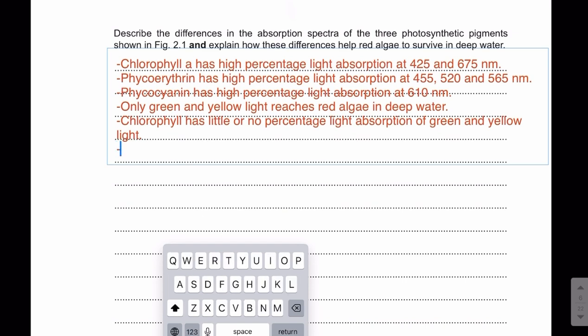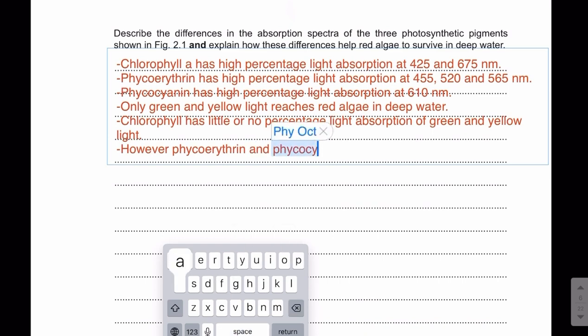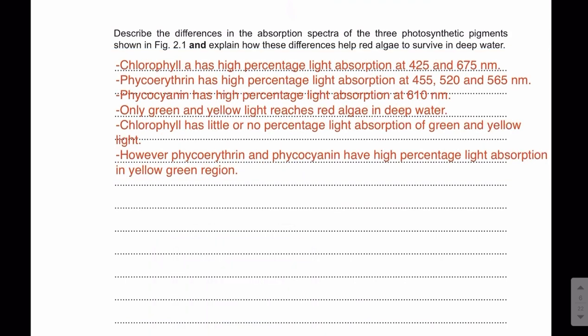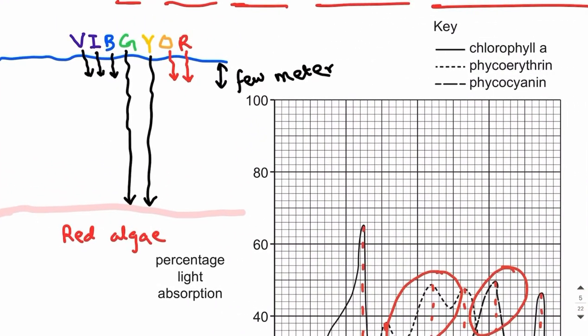However, phycoerythrin and phycocyanin have high percentage light absorption in yellow-green region.